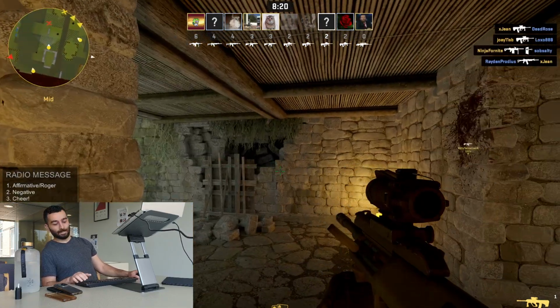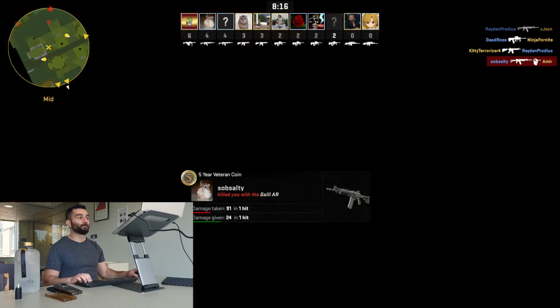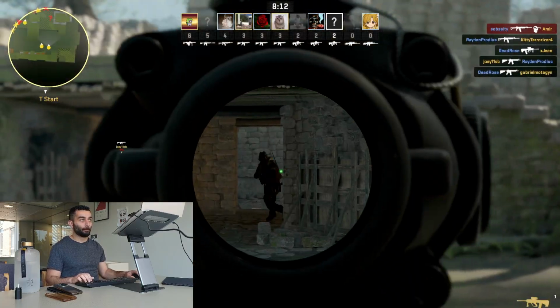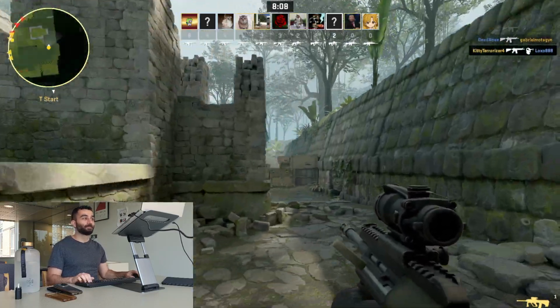What the fuck is that? Dude, a window does so much light.